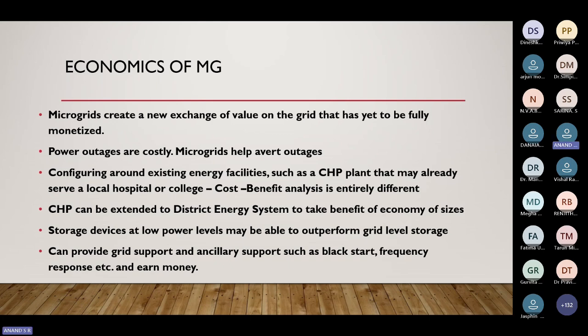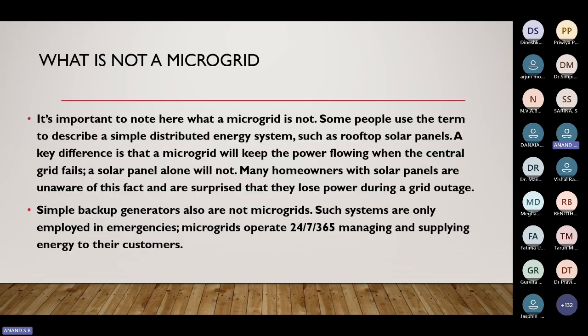And the reduced cost of storage devices also gives ample scope for promoting microgrids. And there are some misconceptions also, which is what I wanted to highlight here. By microgrids, in general parlance, we mean something like a rooftop solar panel and a simple distributed system. It cannot be considered as a microgrid.